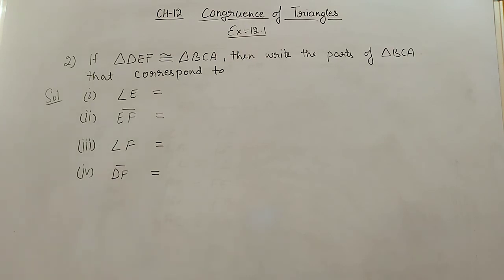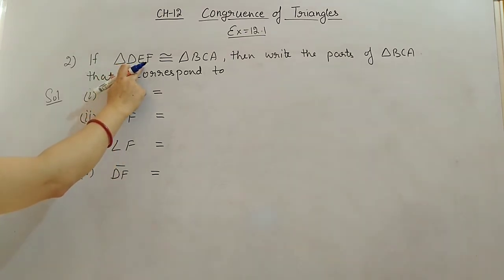Next, question number 2. If triangle DEF is congruent to triangle BCA, then write the parts of triangle BCA that correspond to, first, angle E. So we have to compare in the same order. You can see in the first triangle DEF, E is at the second place.